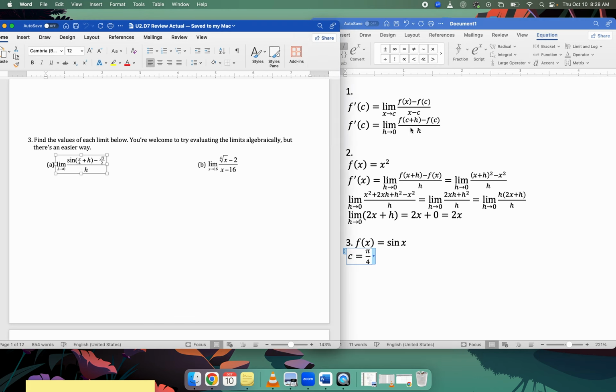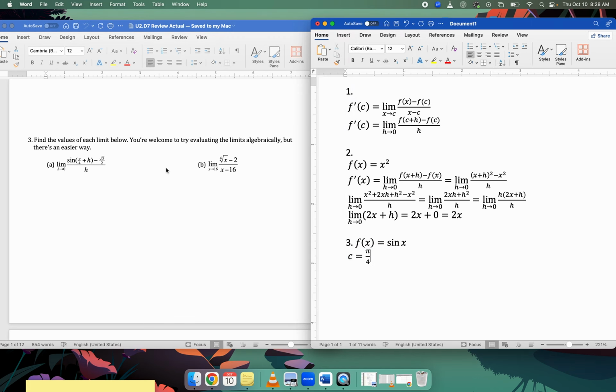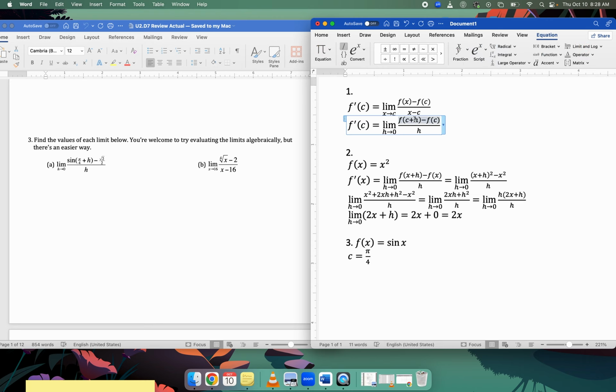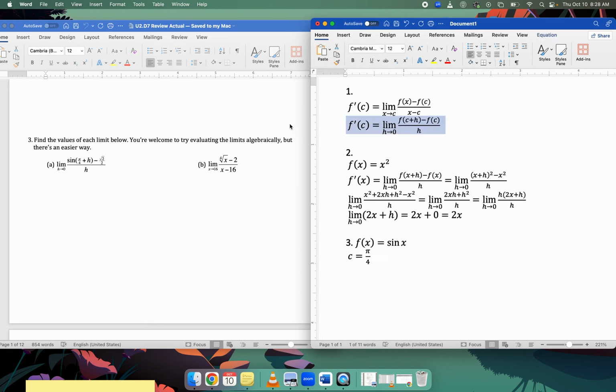So this limit is exactly what you would get if you applied the second limit definition to this function at this point.